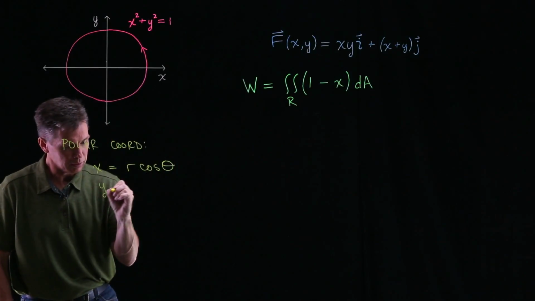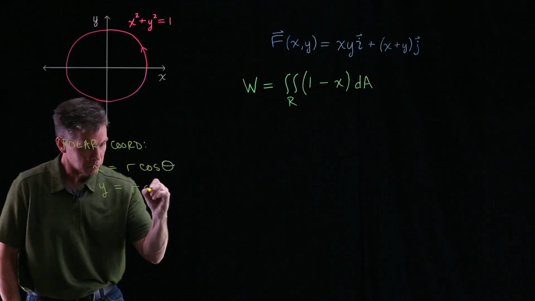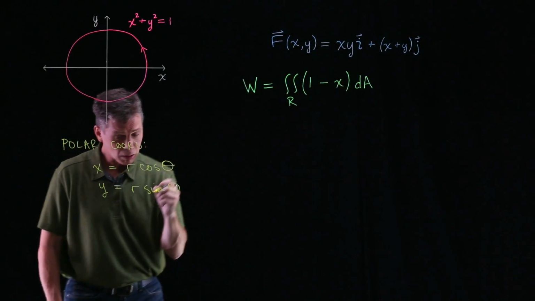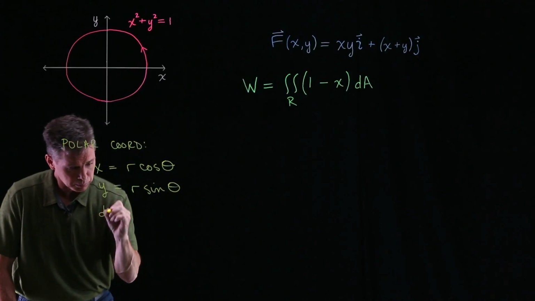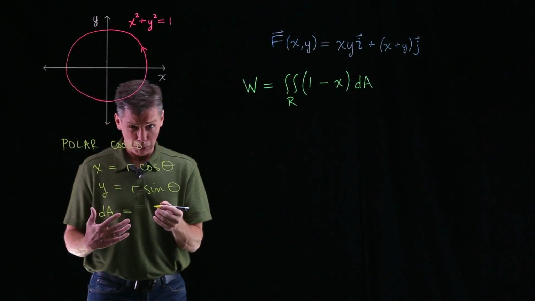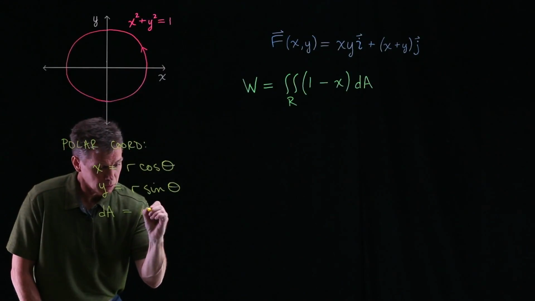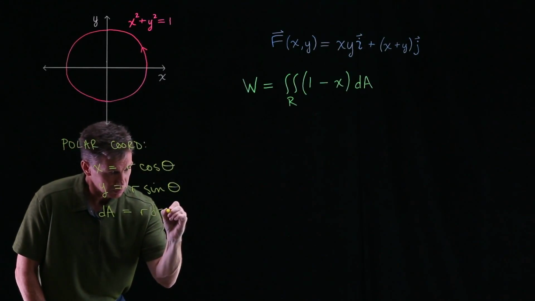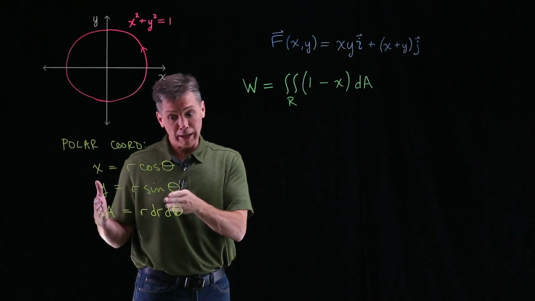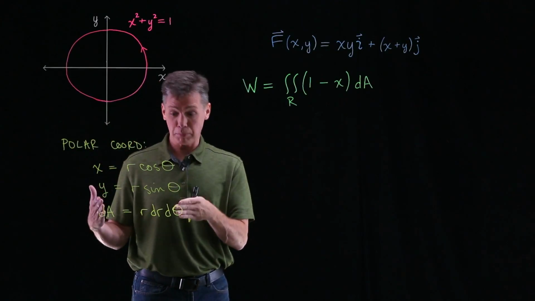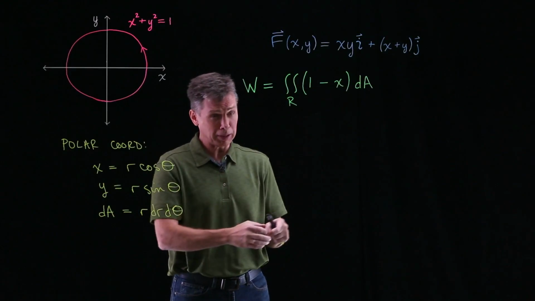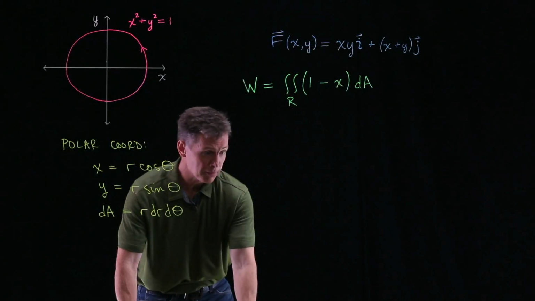And your y just equals r times sine of theta. Probably harder to remember, but you will end up using what does dA equal with polar coordinates, and that's going to be r dr d theta. With that little flashback from the past, it's going to give us stuff to plug in for this integral and make it behave very smoothly. So let's get to that.